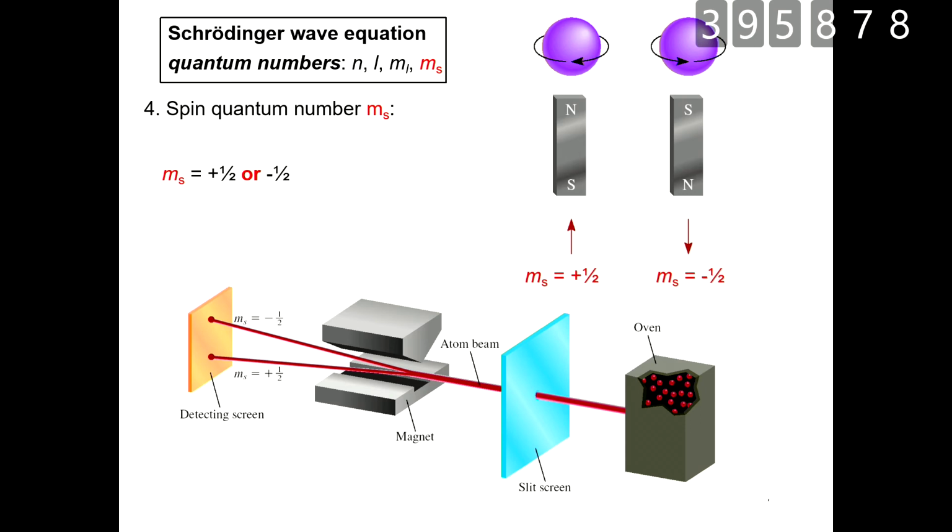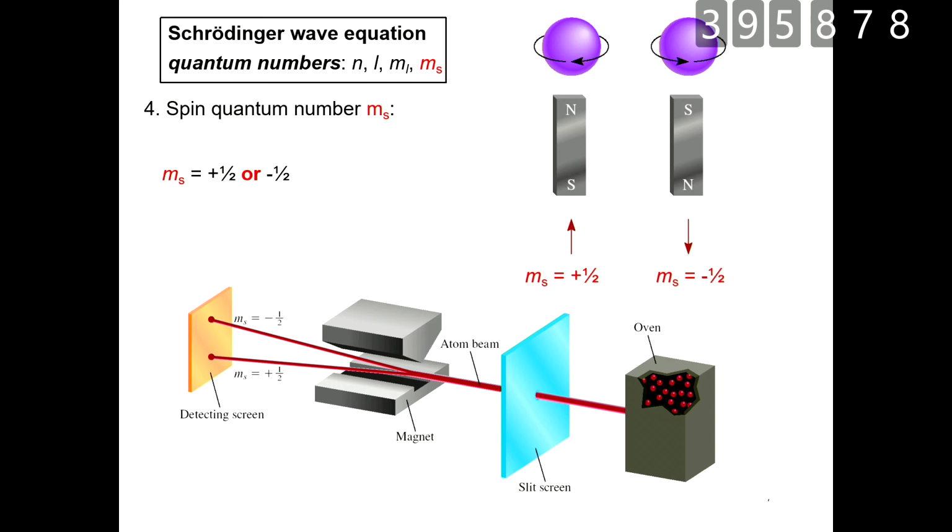Okay, so the first one is called spin quantum number. The spin quantum number can be written as ms. This means the ms can only be +half or -half.